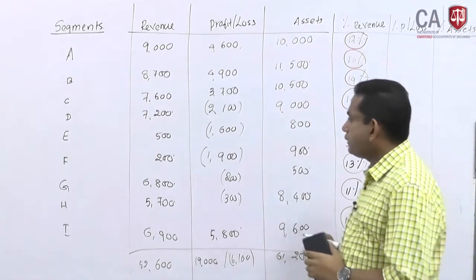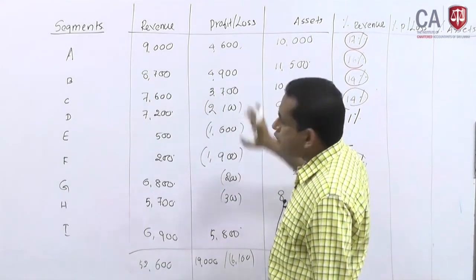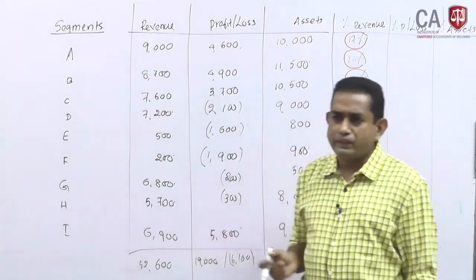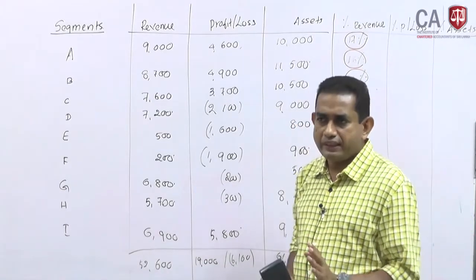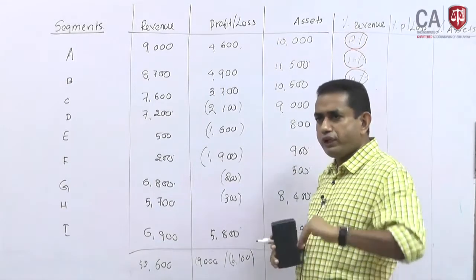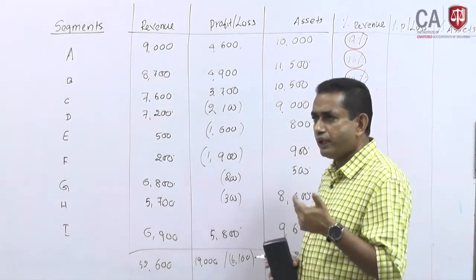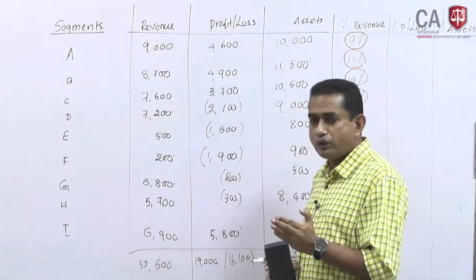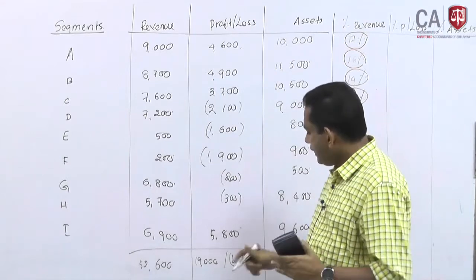Now, let us see what the rigmarole is. As I said before, you need not net off the profits against losses and take the net profit or loss of the segments. No, that is not how it says. You need to isolate the segments that reported only profits, also isolate the segments that reported only losses, and then take the total profits and the total losses separately.